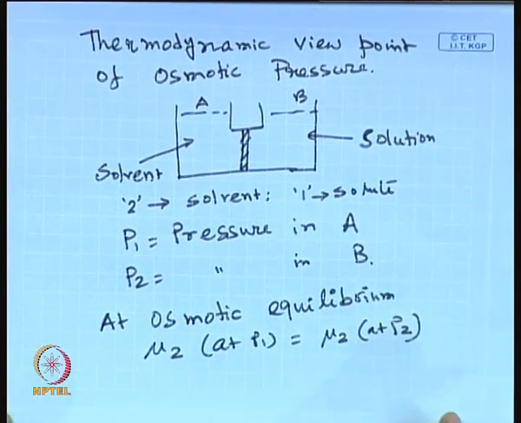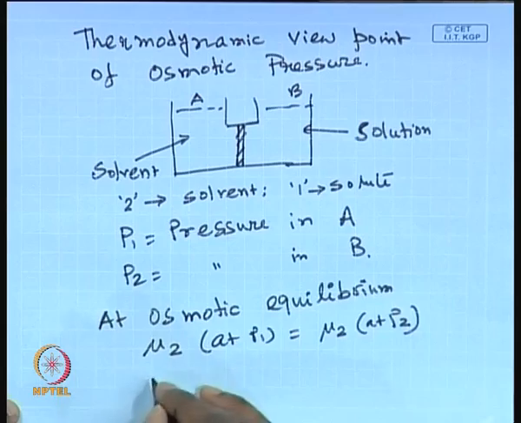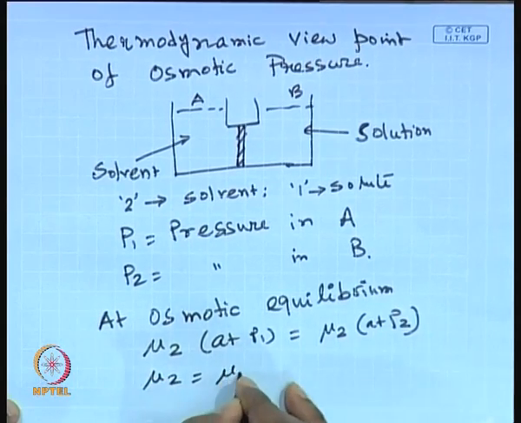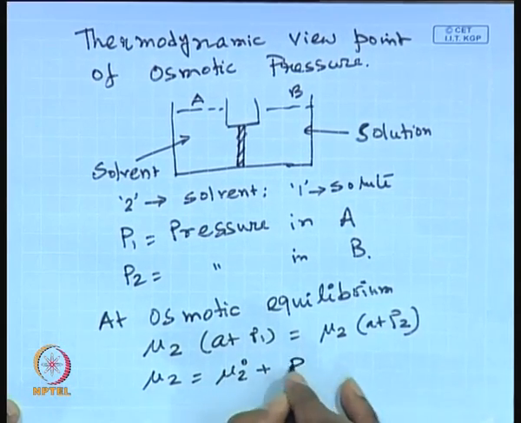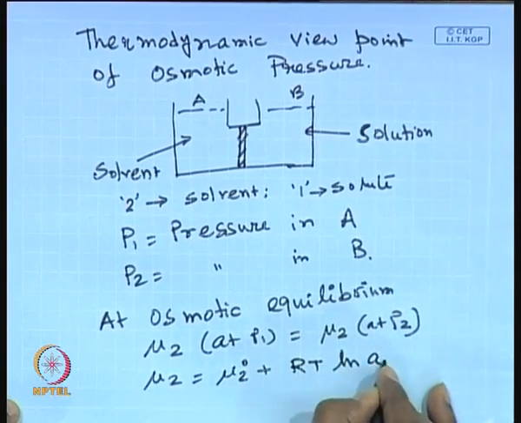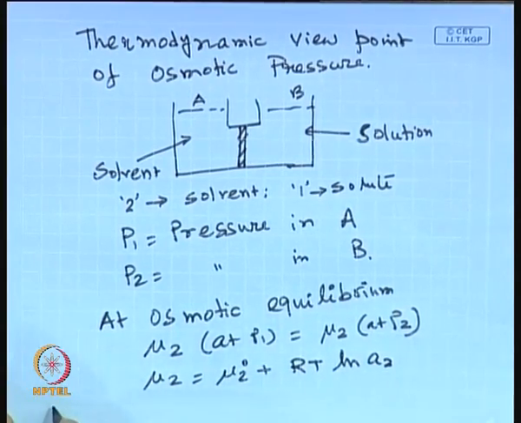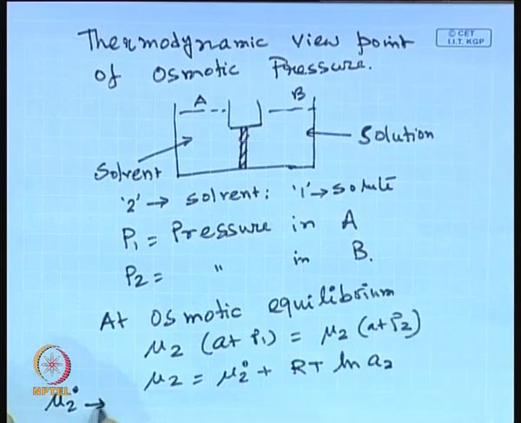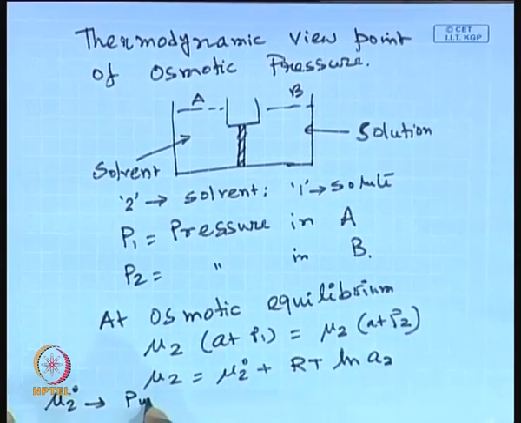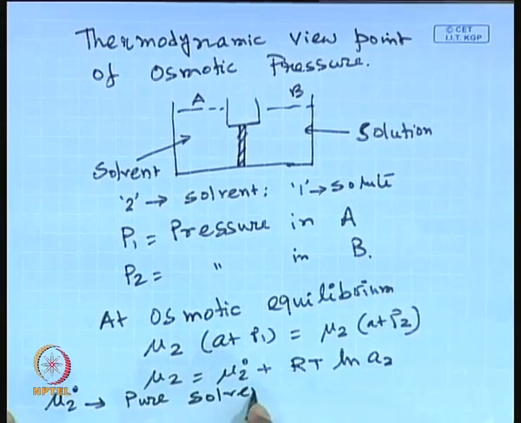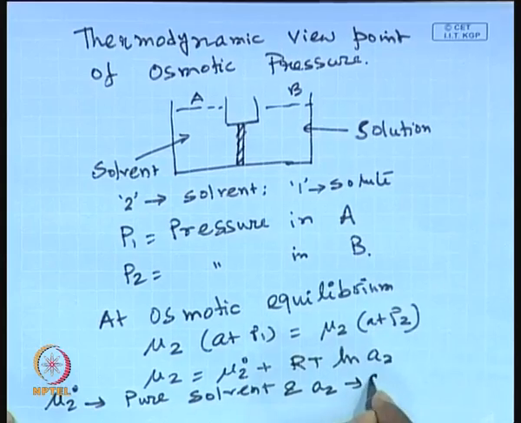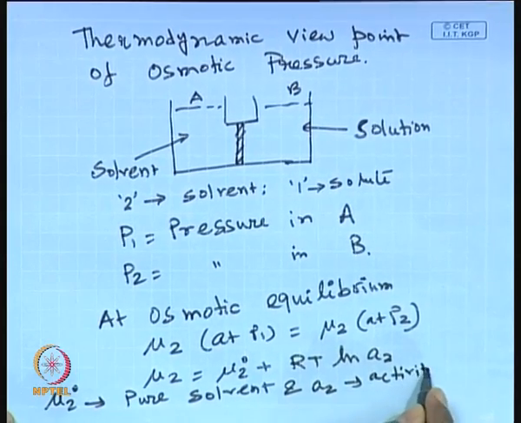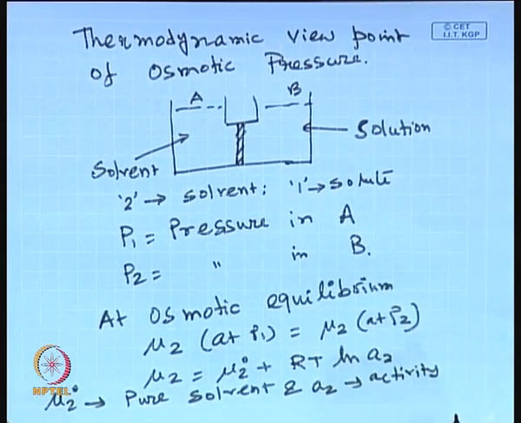Now, this can be written as mu 2 is equal to mu 2 naught plus RT ln A2, where mu 2 naught is the chemical potential for pure solvent, and A2 is solvent activity.